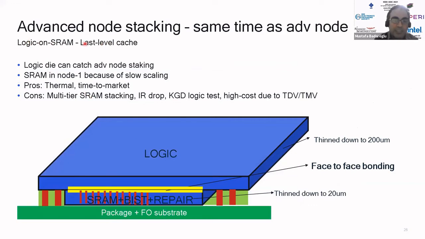There is, for last level cache application, if you choose the logic node and SRAM being the same node, then it's okay to stack them either back to face or face to face. But in this case, SRAM can be stacked below, and then SRAM can be implemented in the previous node generation.